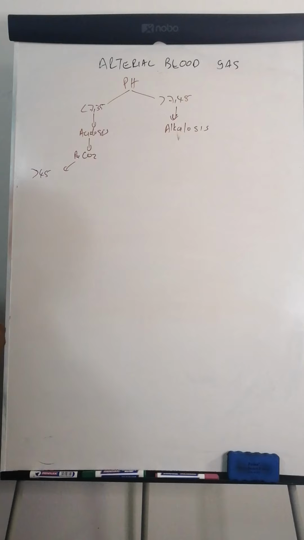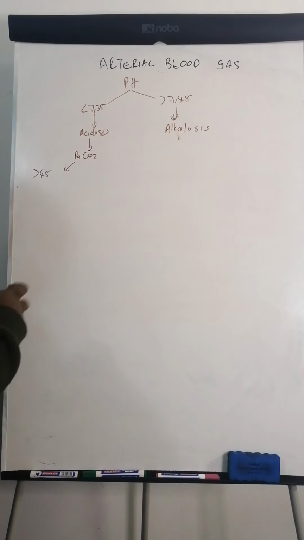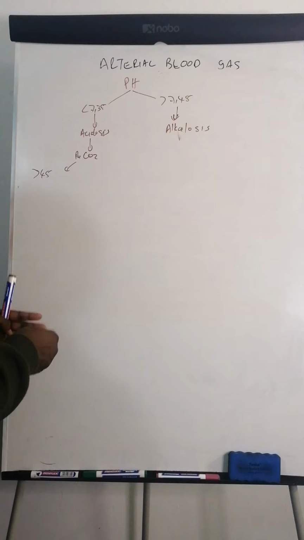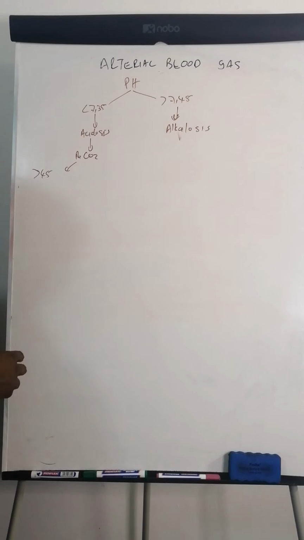A partial pressure of CO2 that is acidotic is a partial pressure of CO2 that is more than 45. For us to have acidosis from a partial pressure of CO2, it must be above 45.